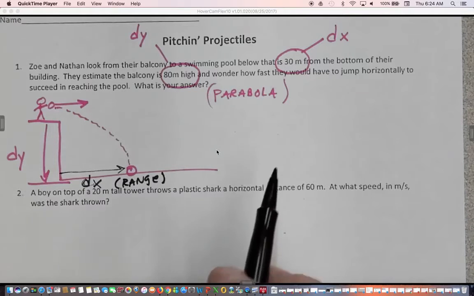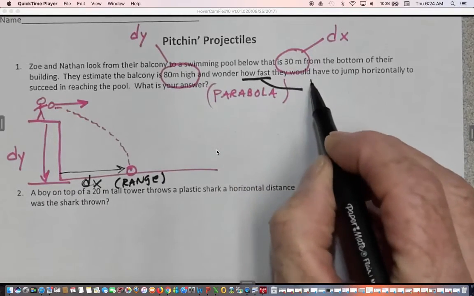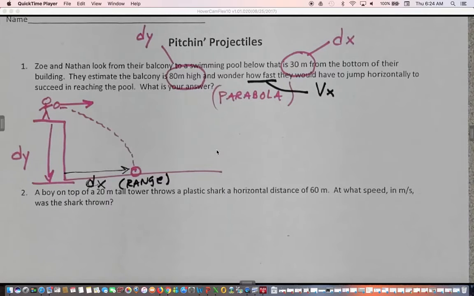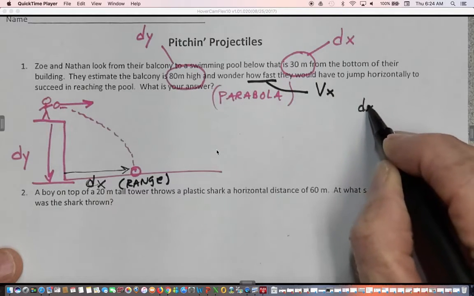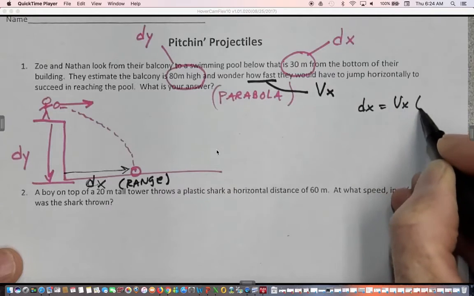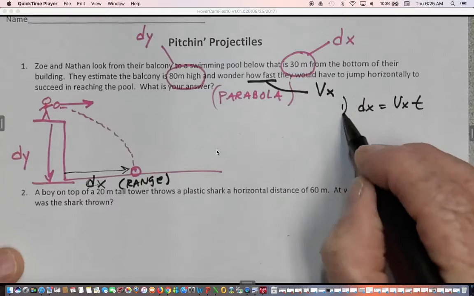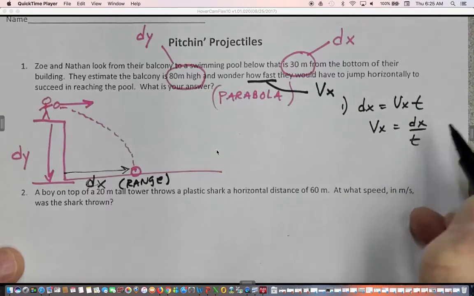To do this problem, they wonder how fast. Underline that. How fast means they want to find their x velocity. To do that, we have two formulas we have to know. We have to know that dx equals vx times time, or another version of this is vx equals dx divided by time.